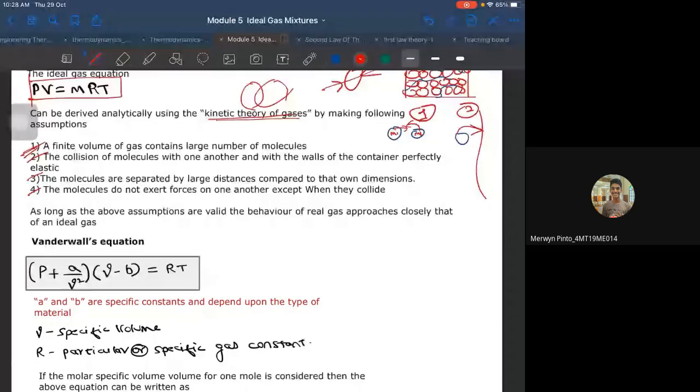So, Marvin, can you just read out the fourth assumption? Marvin. Okay. Mohan. Mohan Chandra. Yes, sir. Can you just read out the fourth assumption?